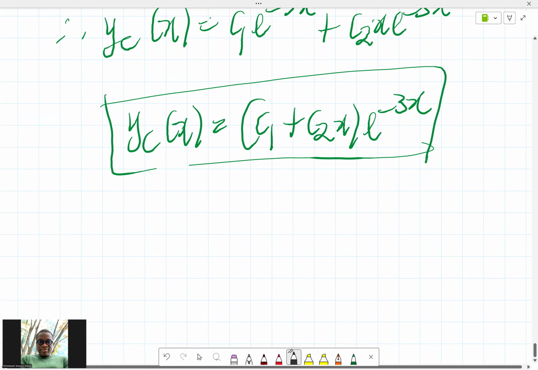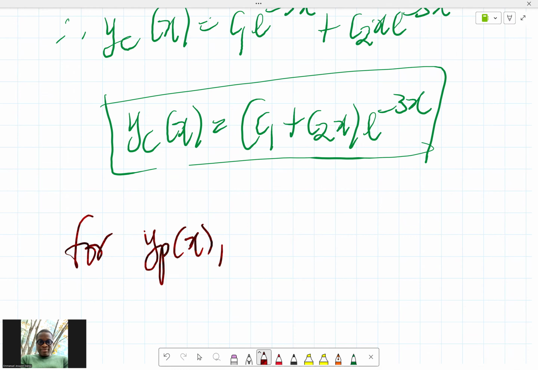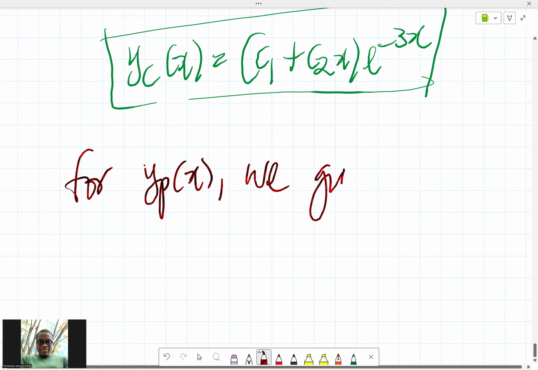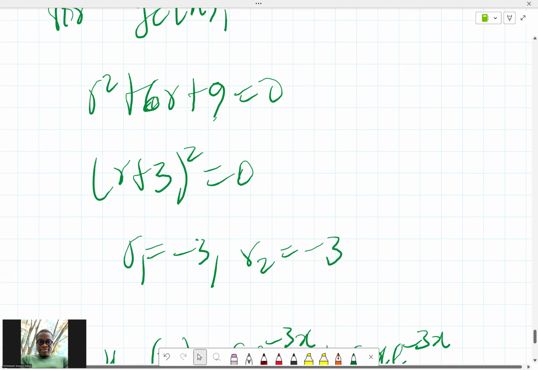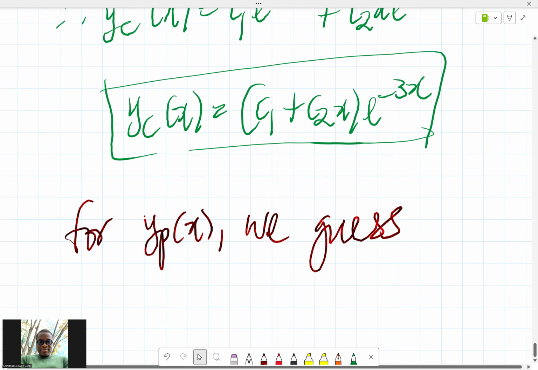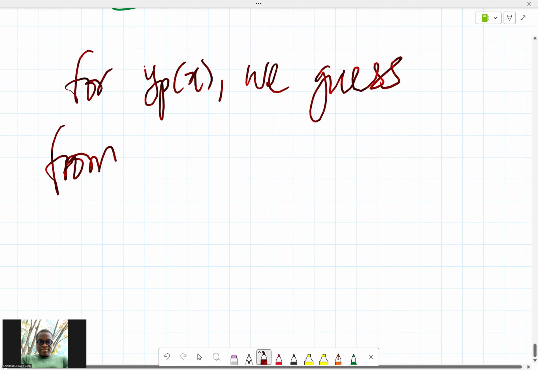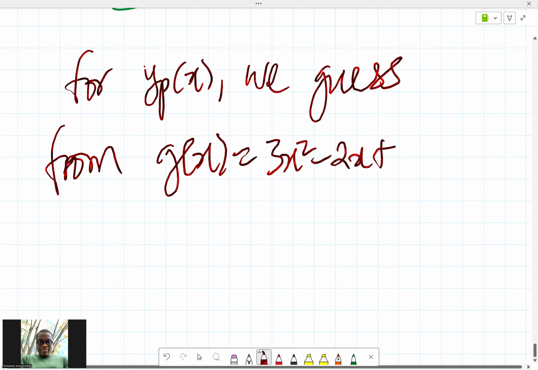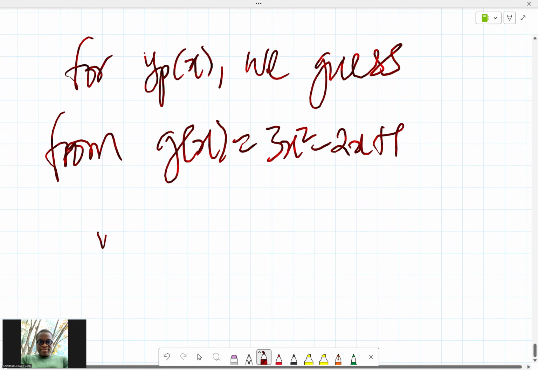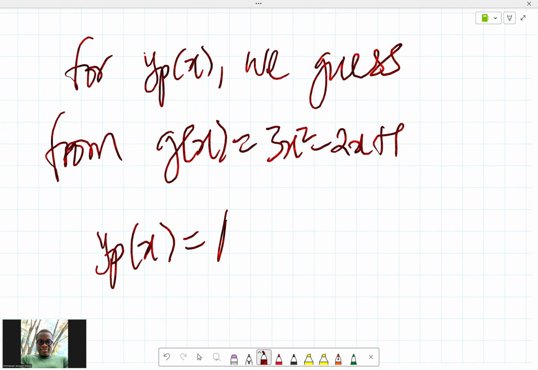For yp of x now, we can guess, because from the original expression you have a coefficient. We can guess from g of x, which is equal to 3x squared minus 2x plus 1, that yp of x should be something like this: undetermined coefficient a with the x squared plus undetermined coefficient b with x plus a constant c to align with 1.